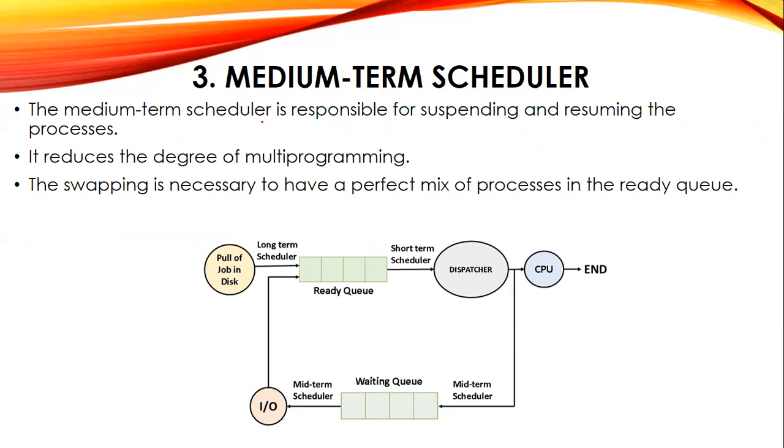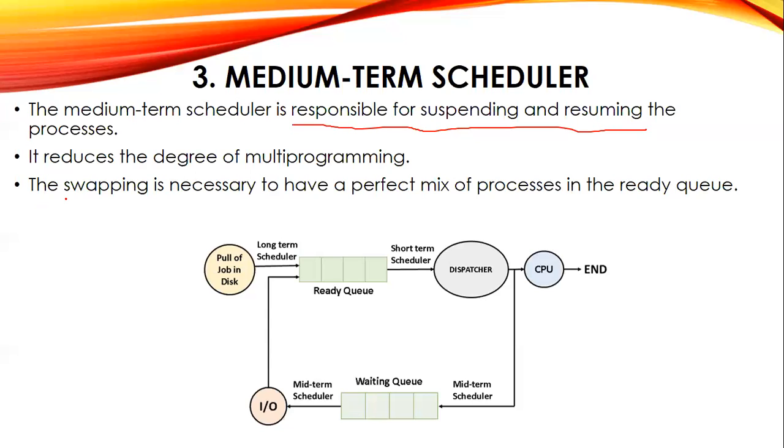So this is the medium-term scheduler. The medium-term scheduler is responsible for suspending and resuming the processes. So when a process has to wait, it is suspended, and when it has finished its operation, it is resumed.